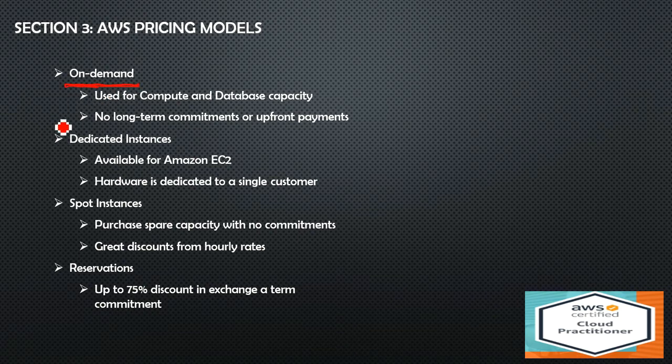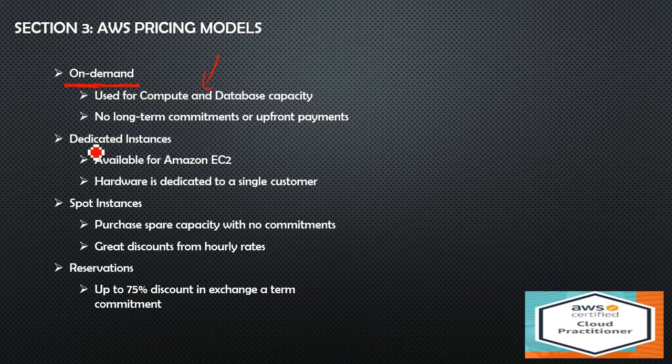But when the demand is high, you launch an EC2 instance or create a database. On demand is used for compute and database capacity, so you pay for the infrastructure that you are using, and for that particular period only. No long-term commitments or upfront payments.